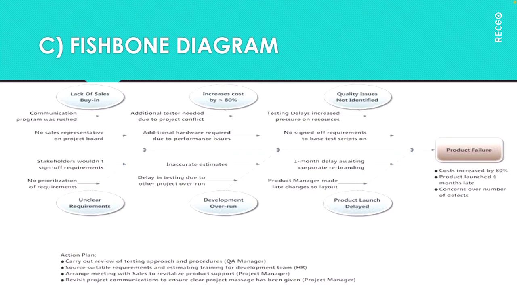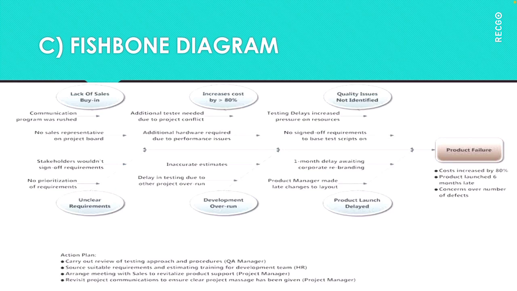So the different statements in the different boxes are mentioned. Then they have drawn a line going from left to right as the spine connecting to the problem statement. The problem is product failure here. The cost increased by 80%, product launched 6 months late, then concerns over number of defects.